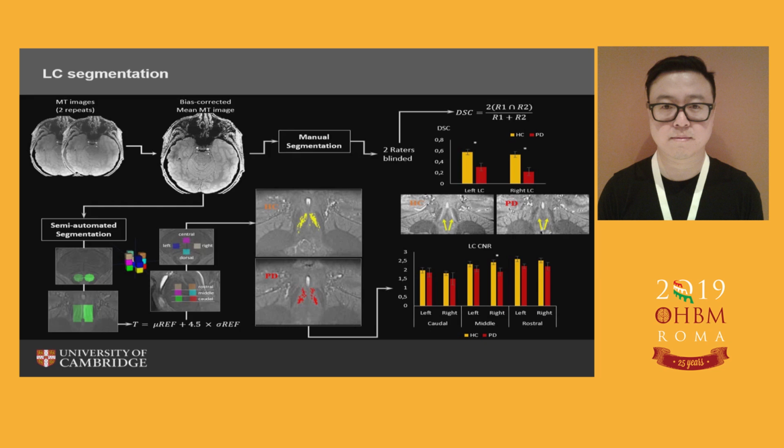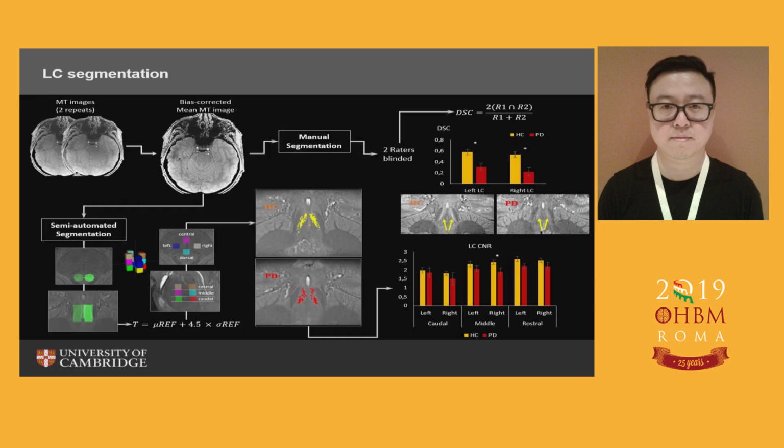We found the manual segmentation is actually not reliable for PD patients. This is because, as you can see here from the picture, drawing the boundaries of the structure is difficult when the signal is diminished by the pathology.